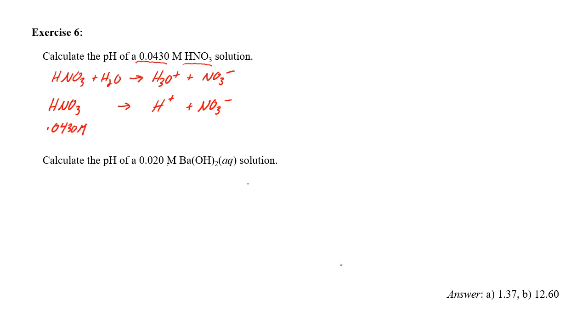So we know that the concentration is 0.0430 molar. Do you remember when we did ion concentration problems? The stoichiometry is 1 to 1 to 1. So I know that the H+ is just 1 times 0.0430 molar. You just look at the coefficient. And if I want to find the pH, well, I know the H+, so use your mole map.